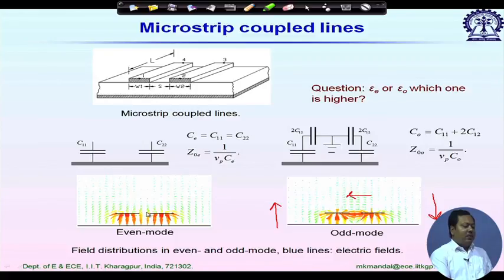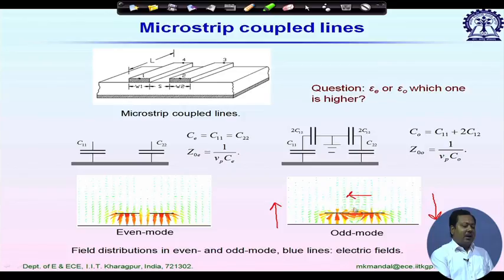So, we can call this plane a PMC or open circuit condition. Similarly, for the right hand side, if I place a mid plane here, which is the plane of symmetry, the electric field on that plane is perpendicular. That means it behaves as a short circuit or PEC. So, the even mode condition we sometimes call the open circuit condition, and the odd mode condition the short circuit condition.